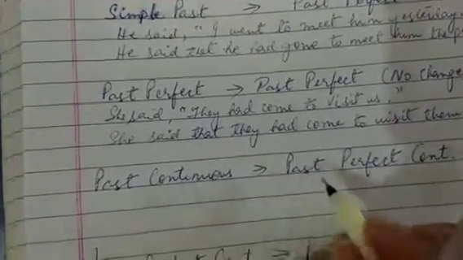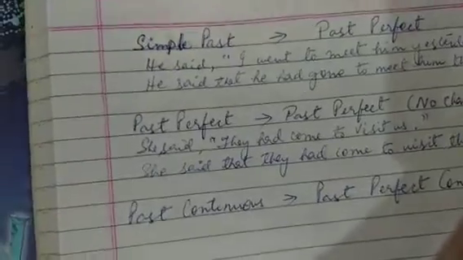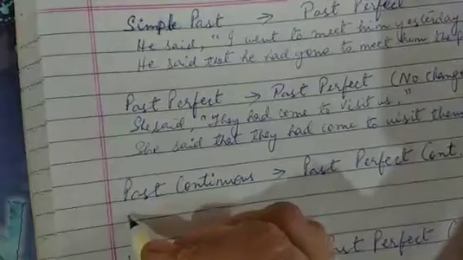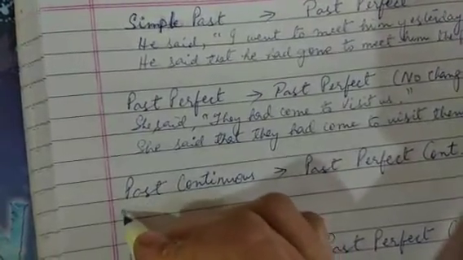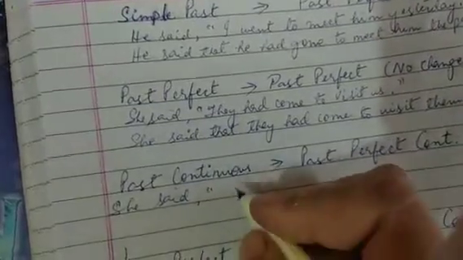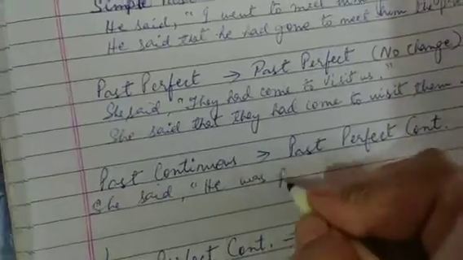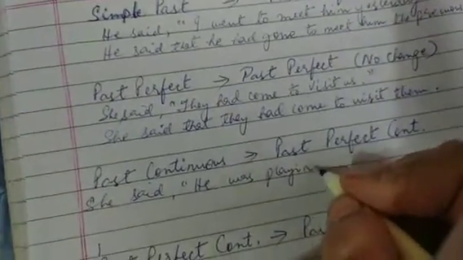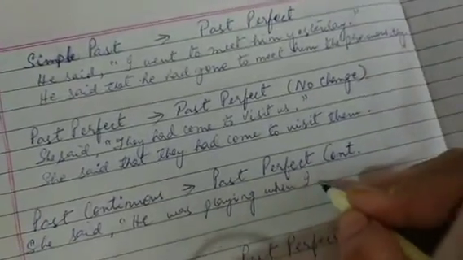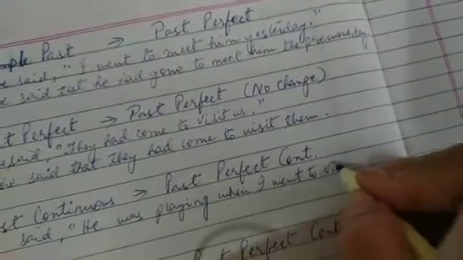Now past continuous becomes past perfect continuous. The next tense in the past is past continuous and it becomes past perfect continuous. For example, she said, "He was playing when I went to visit him."